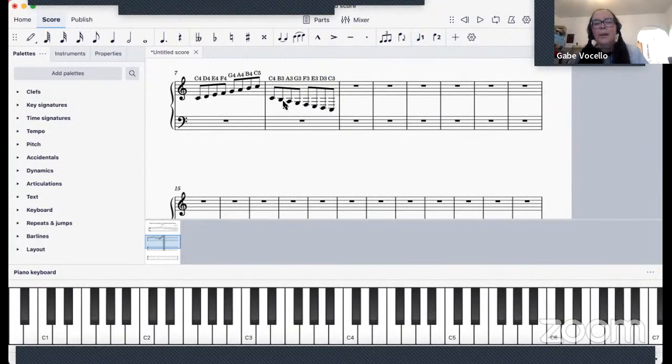From C to B, we'll have the same number of that scale. All those notes that precede that C are within that scale. C3 until B3, C4 until B4, and C5 until B5. So on and so forth.